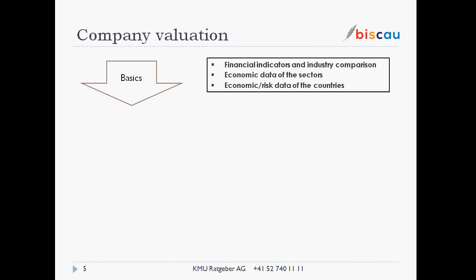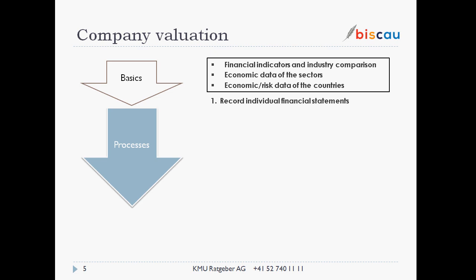I start with a short presentation of company valuation. First, of a company valuation, you make the basics. Financial indicators, economic data for the sector, economic risk data of the countries. Second step are the processes.